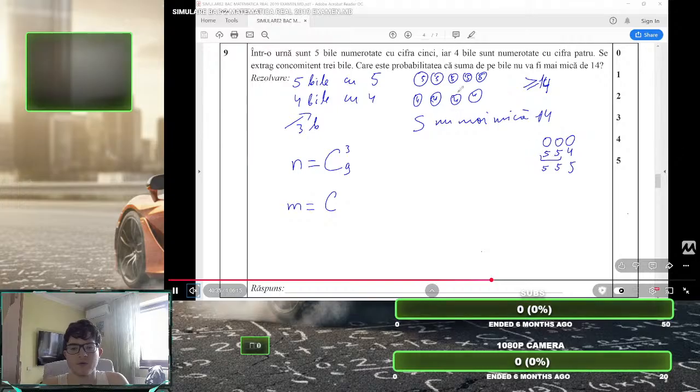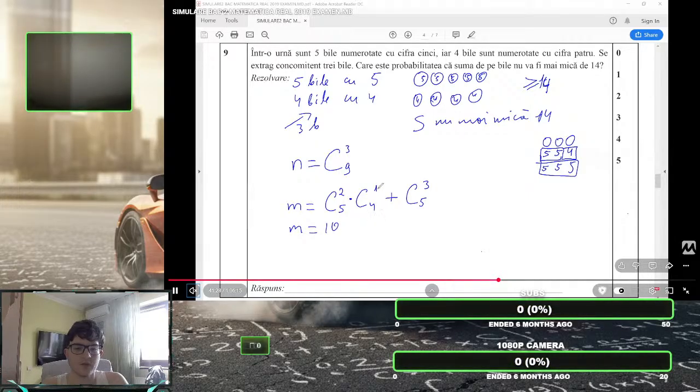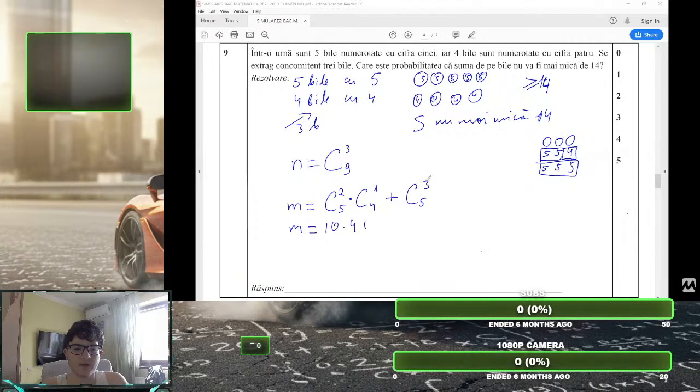So C 5 2 times C 4 1, which is essentially 4, plus C 5 3. Yeah, I got it all perfectly. So C 5 2, that's 10, times 4, plus C 5 3, which is also 10, I guess. So 50. And C 9 3 now, this one's harder.